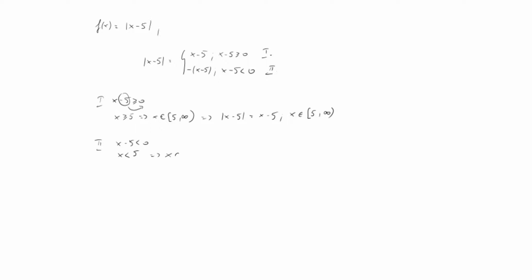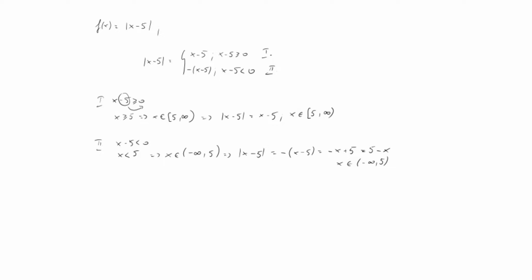So x is from the interval (-infinity, 5), or in other words, the absolute value of x minus 5 will be minus (x minus 5), which is minus x plus 5, or by rearranging this expression we will get 5 minus x. This if x is from (-infinity, 5).